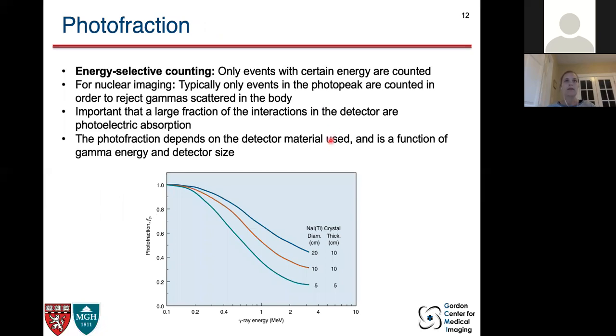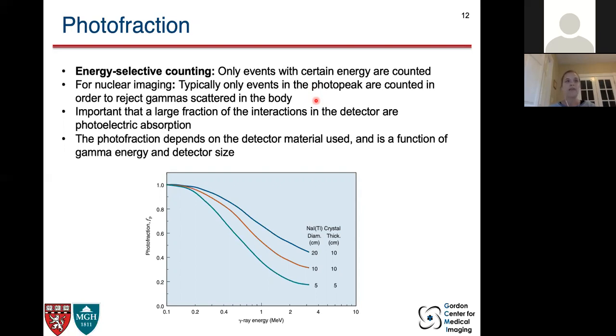If we have a system that does energy selective counting, meaning that we only want to use events in the photopeak, like we want to do in the applications that we are talking about here, then it's very important that we have high intrinsic detection efficiency, but we also need as large a fraction as possible of the interactions in the detector to be due to photoelectric absorption, so that the full energy is deposited in the detector.